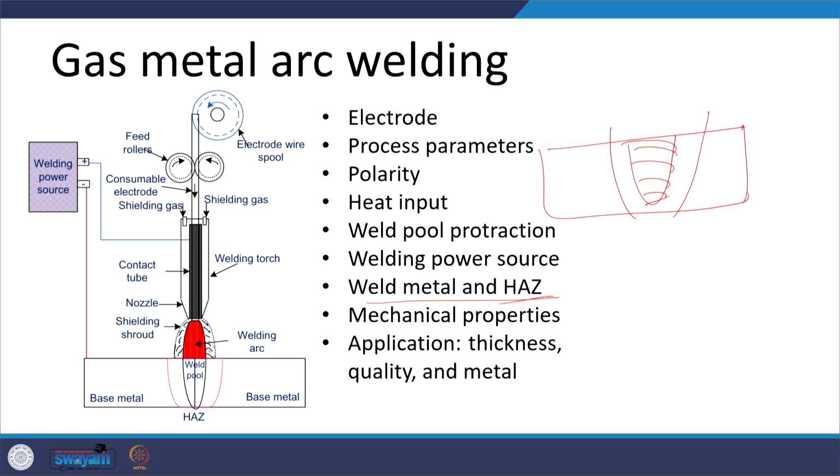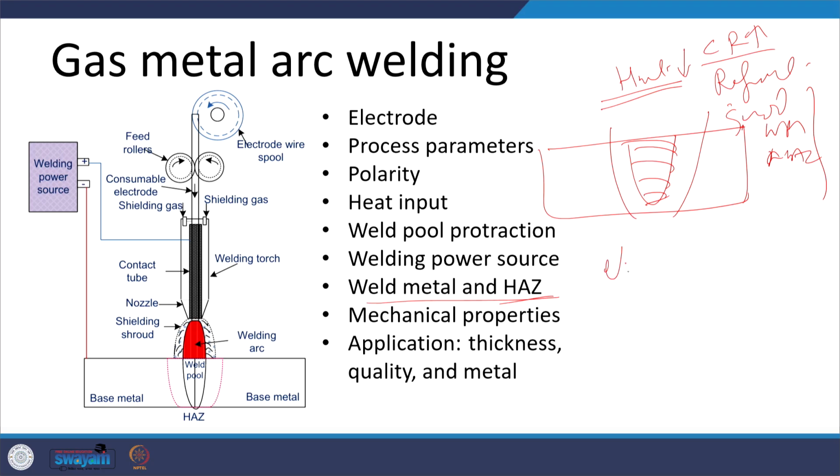Because the H net is less, our cooling rate is high, and higher cooling rate helps in producing the refined grain structure and reasonably good weld metal and HAZ properties. Because of this difference in the heat input and more effective protection of the weld pool by the GMAW process, we get reasonably good quality of weld joint.